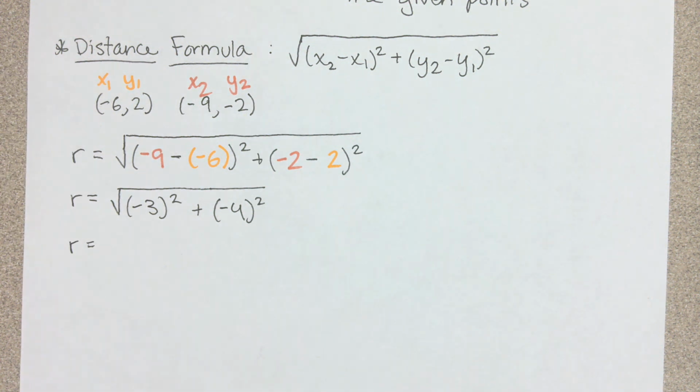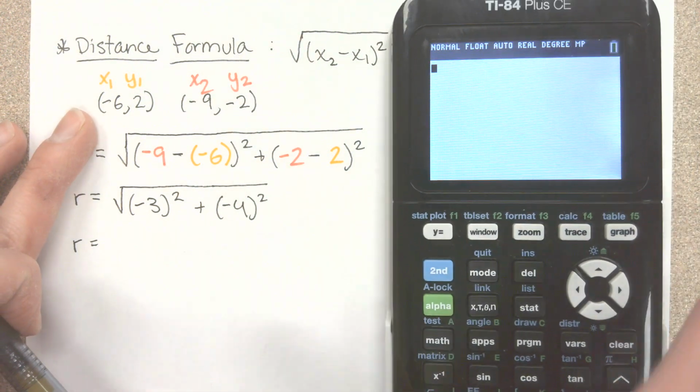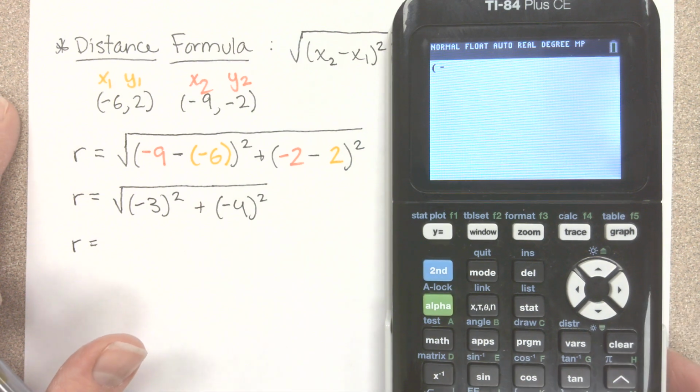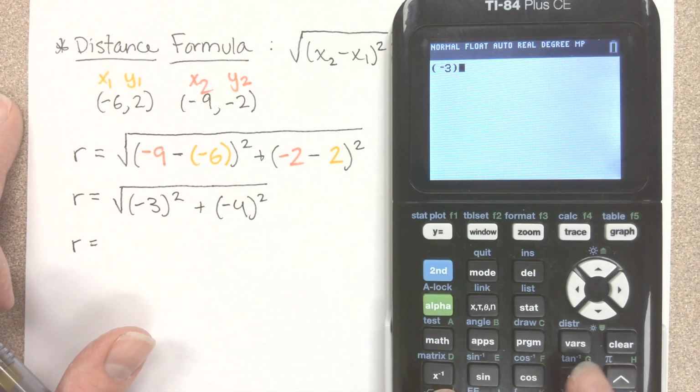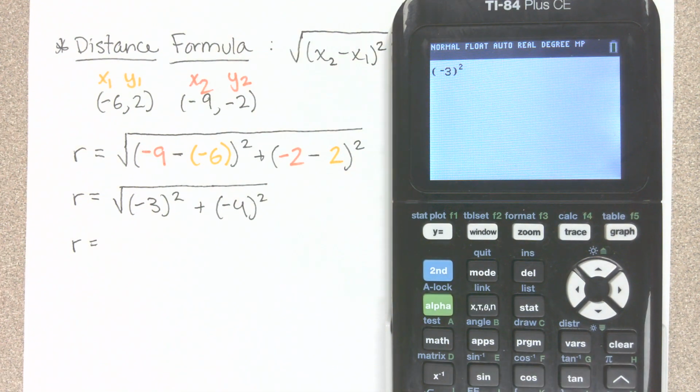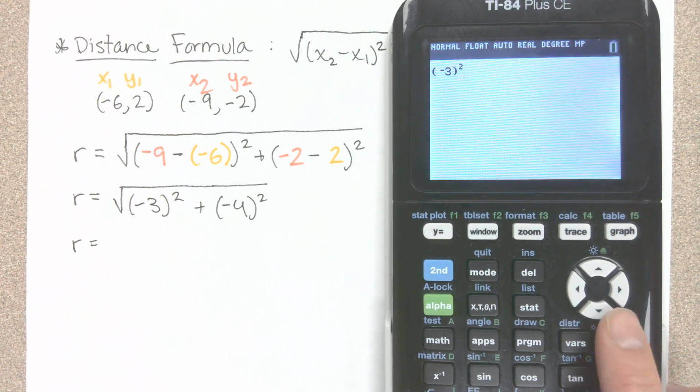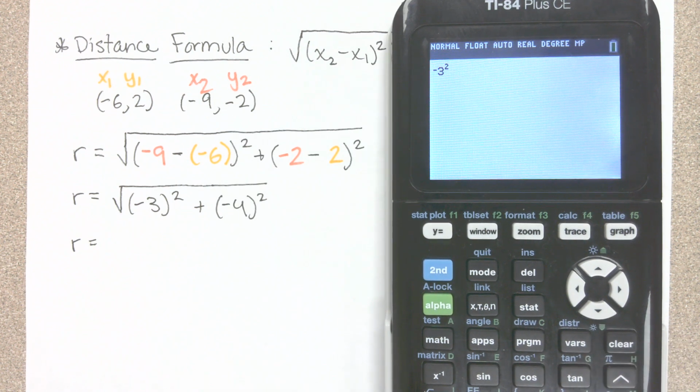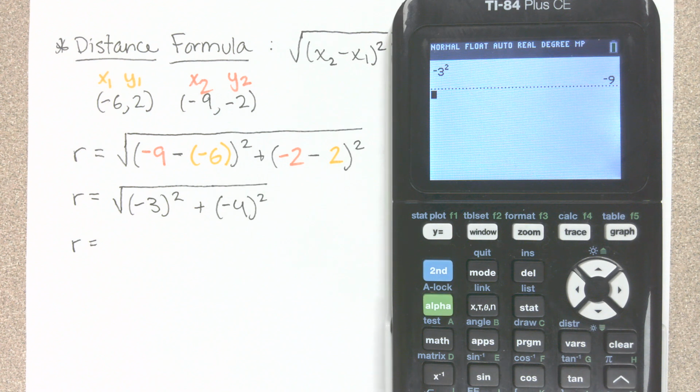Now, when you put this in the calculator, I would not include the square root in case it's not a nice perfect square. Now, this one does happen to be a nice perfect square, so it wouldn't make a difference. But my recommendation is leave out the square root. When you type negatives and you're squaring them into your calculator, you must put parentheses around it. I've seen several of you not doing that with the Pythagorean theorem last unit, and it threw off your answers. If you don't include the parentheses, your calculator will not consider the negative in its calculation.